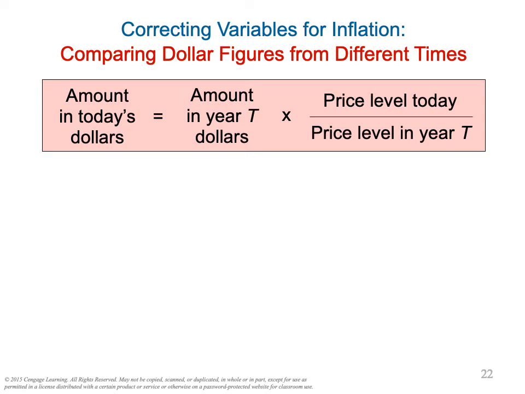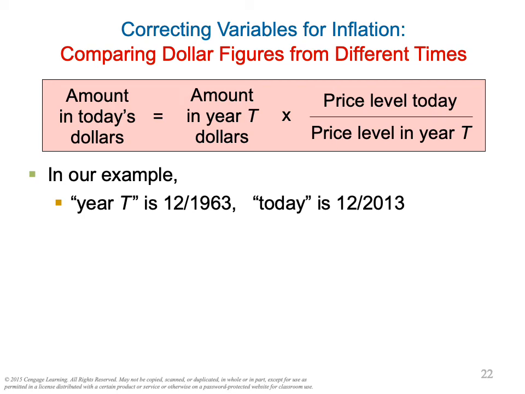And this is the formula to calculate the amount in today's dollars using the amount of dollars in some other year t. And so we're going to use this equation here to do that. So in our example, year t is December 1963, and today is December 2013.